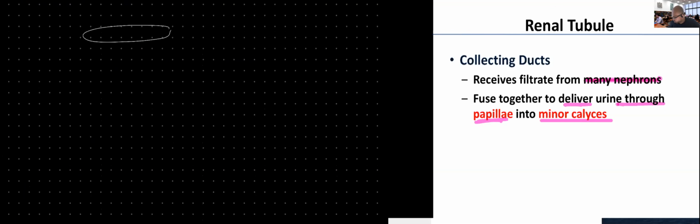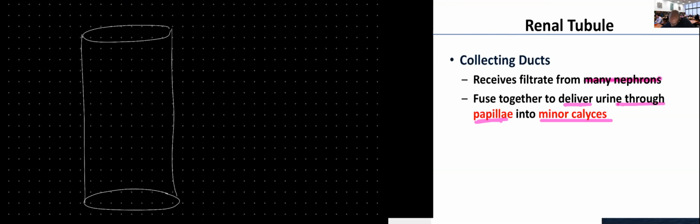But generally speaking, you have a lumen here. This is of the kidney tubule, proximal or distal convoluted tubule. And I've got a blood vessel running parallel to it. This is my peritubular capillary.